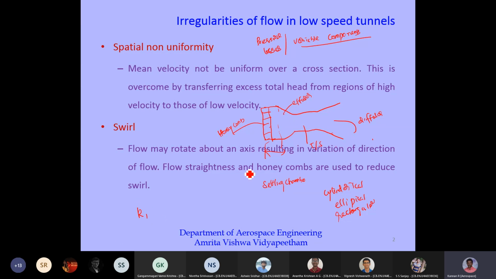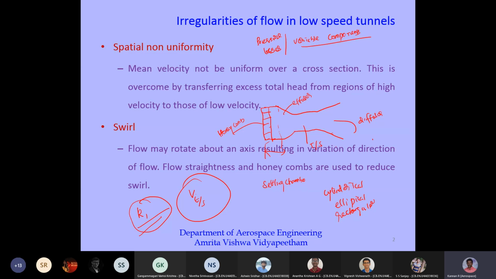Whatever design you have, we look for the particular test section velocity, the possible loss coefficient, and accordingly the correction you can apply.